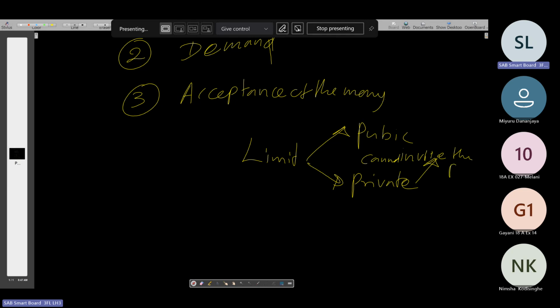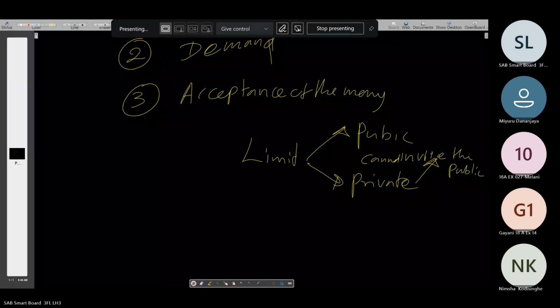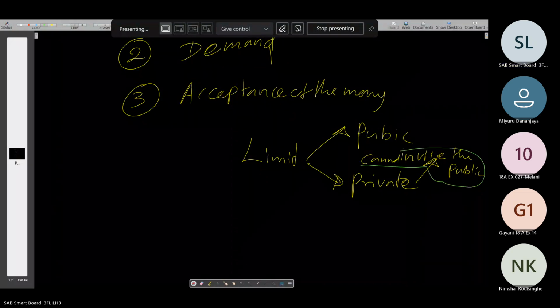Cannot invite the public to purchase the shares. That is the main feature in a private company.